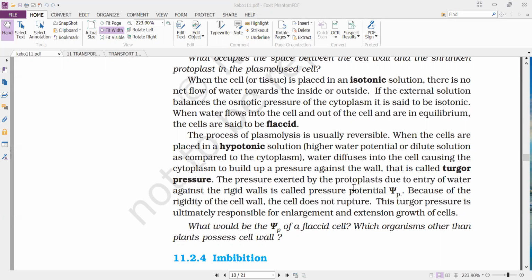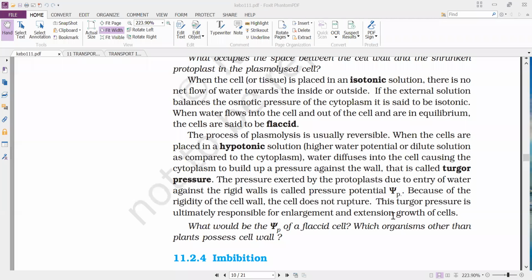Whatever pressure the plasma membrane exerts on the cell wall, we call that pressure potential. Because of the rigidity of the cell wall, the cell does not rupture. And this turgor pressure is ultimately responsible for enlargement and extension growth of the cells.